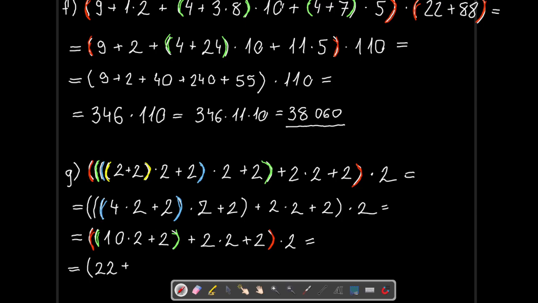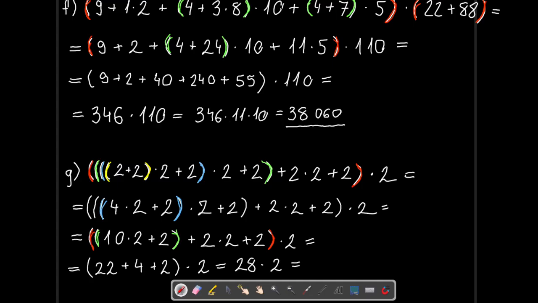The second part, 2 times 2, that's 4, and then plus 2 times 2. Okay, let's solve the only bracket left by just adding 3 numbers together. By adding 22, 4 and 2 together, we got 28, and then times 2.